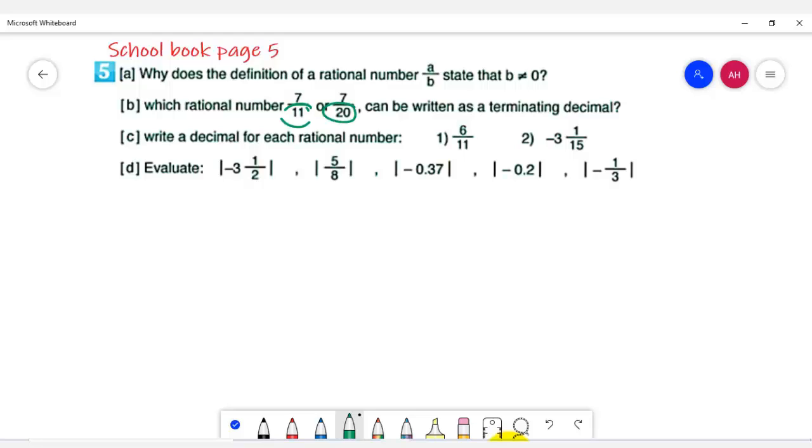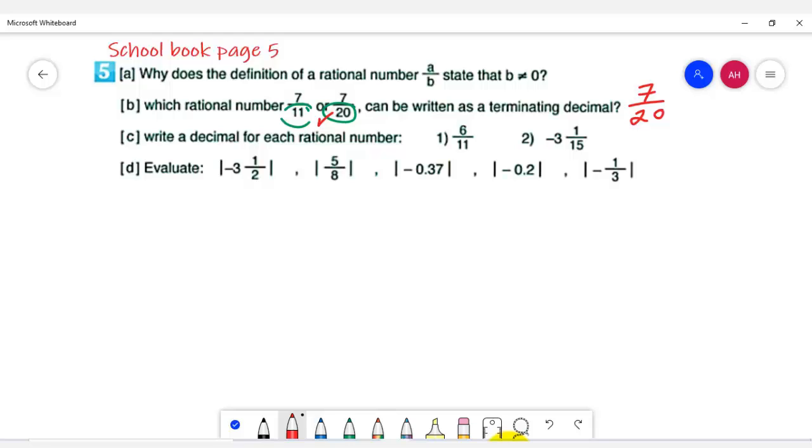Here we have a denominator of 11 and a denominator of 20. We said that any fraction with a denominator of 2, 5, 25, 4, 8, 125, even if there are zeros beside it, is going to be a terminated decimal. So the right answer here is 7 over 20.